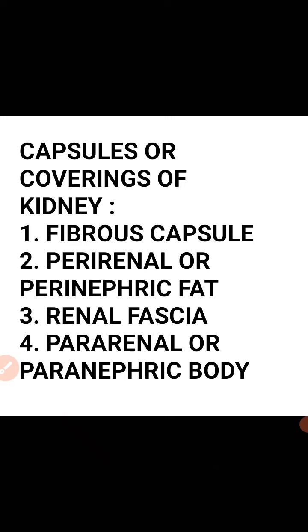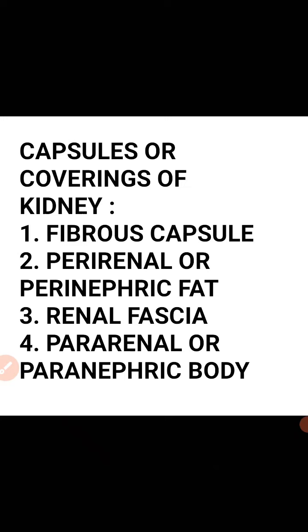And perirenal or perinephric fat is a layer of adipose tissue which lies outside the fibrous capsule and along the borders of the kidney. The perirenal fat is thickest here, and it fills the extra space in the renal sinus. And renal fascia has two layers, anterior layer and posterior layer.